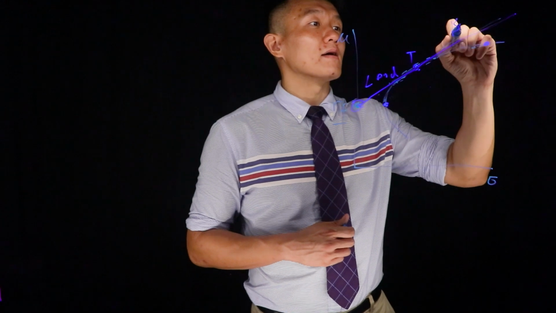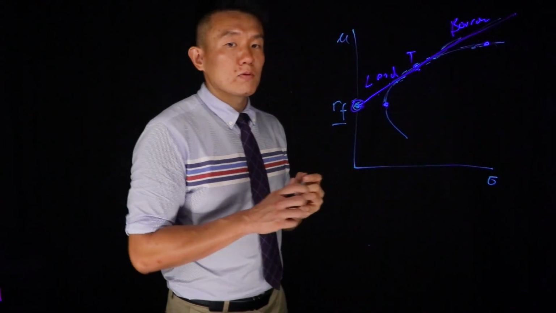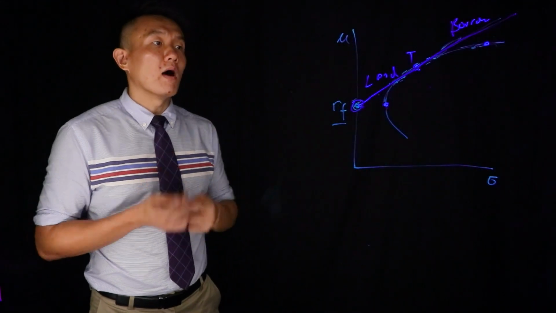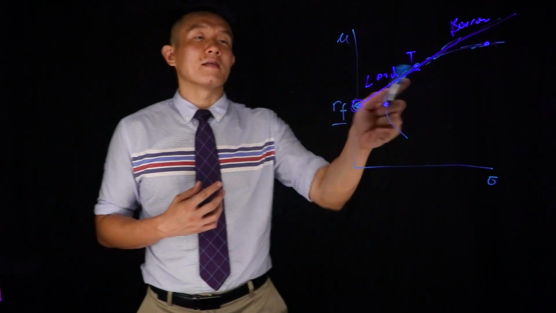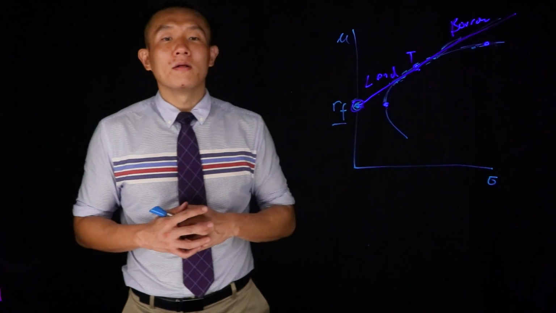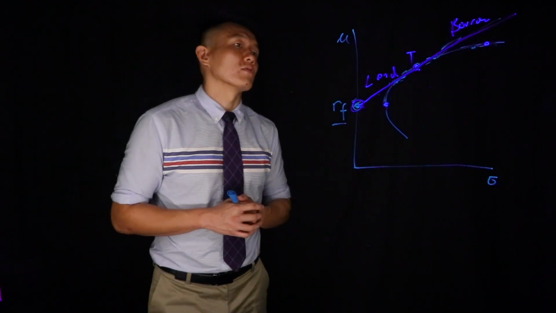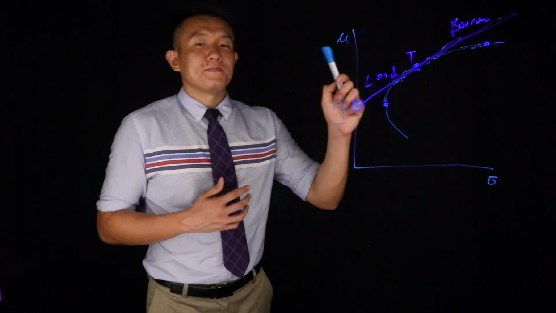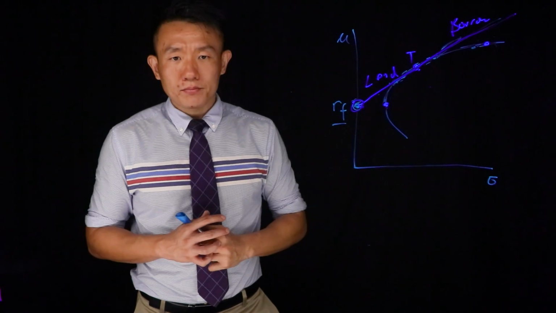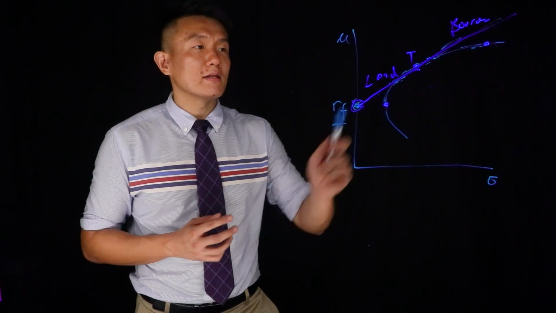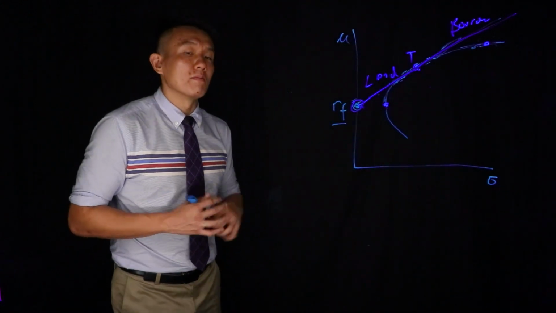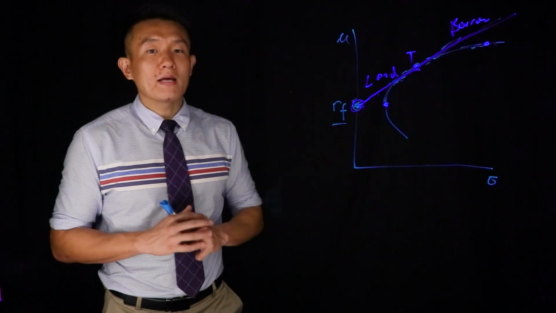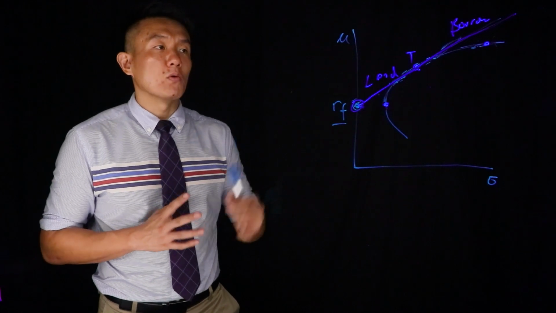Whereas up here, this represents borrowing because it's putting a negative weight on the risk-free asset, and as a result, we're putting more than our initial wealth into this tangency portfolio. So it's a little bit more plausible that we're able to lend at the risk-free rate. Borrowing at the risk-free rate, that seems a little bit more out there, but for the sake of the CAPM model, we're going to keep that assumption for now.